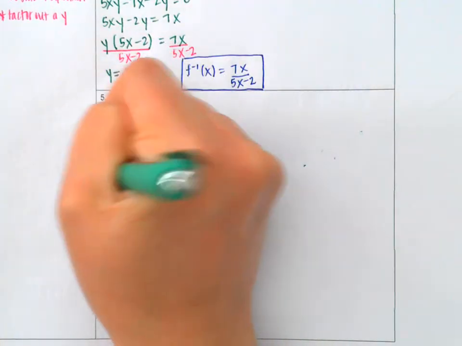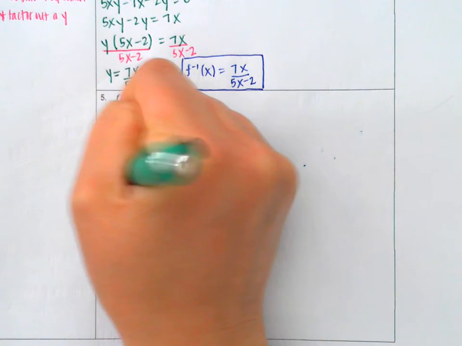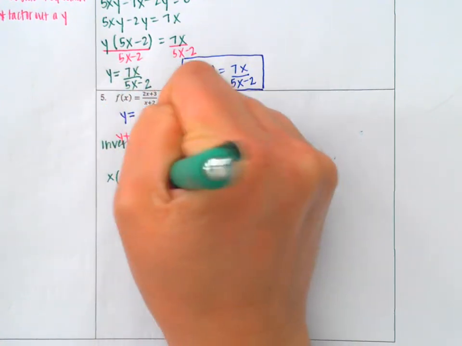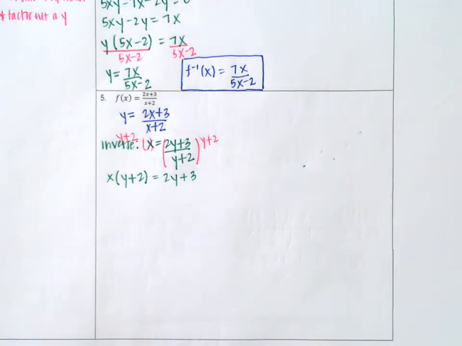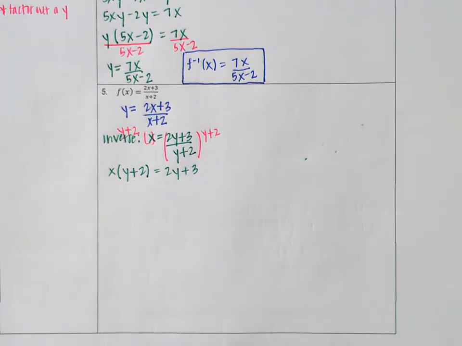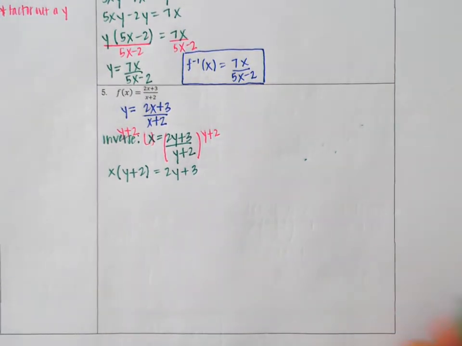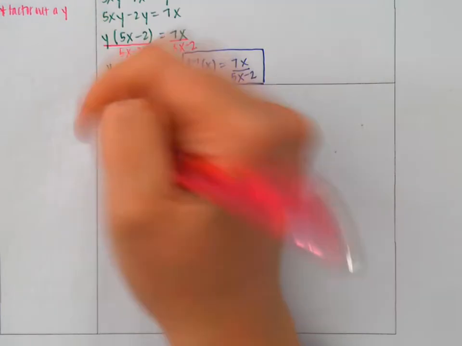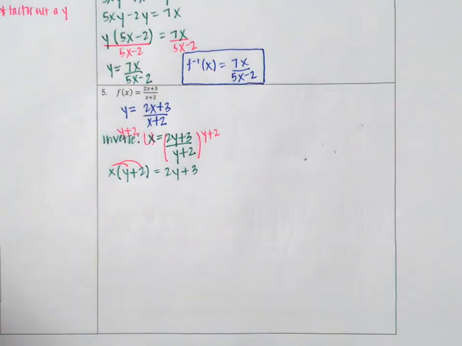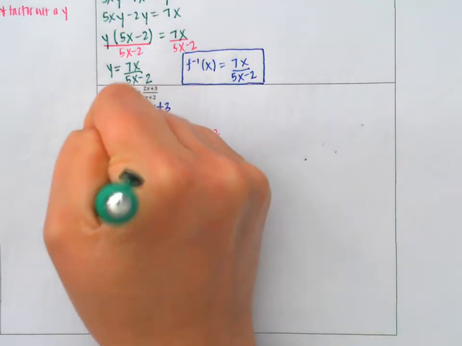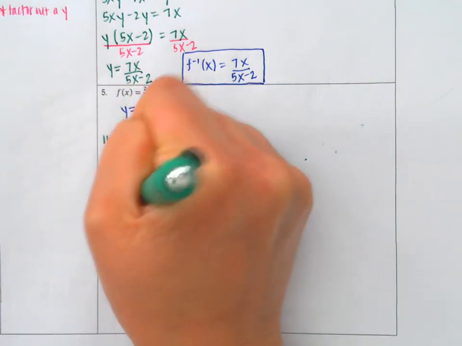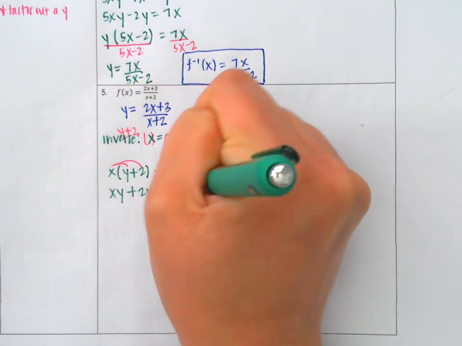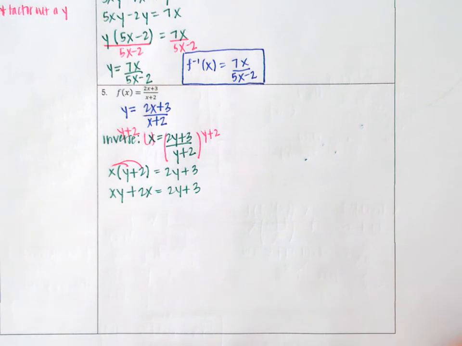So it's going to be x times y plus 2 equals 2y plus 3. And then, just like the other problem, I'm going to distribute the x to both terms. So I have xy plus 2x equals 2y plus 3.